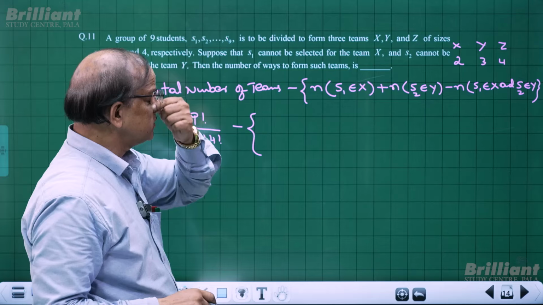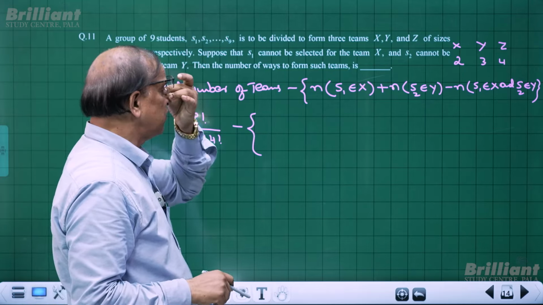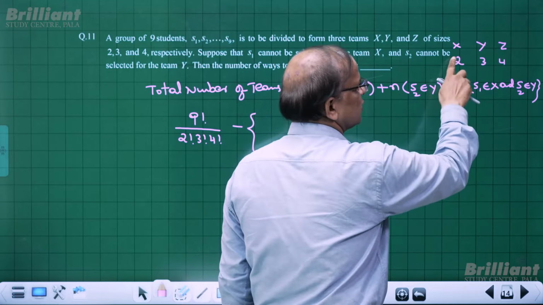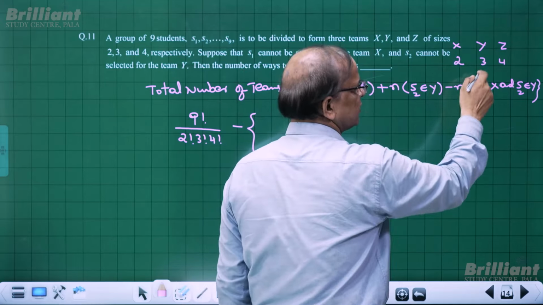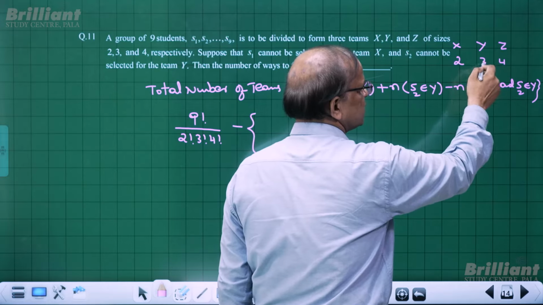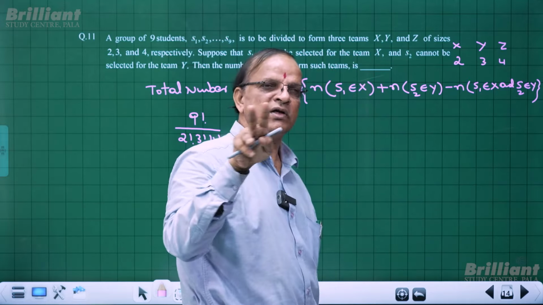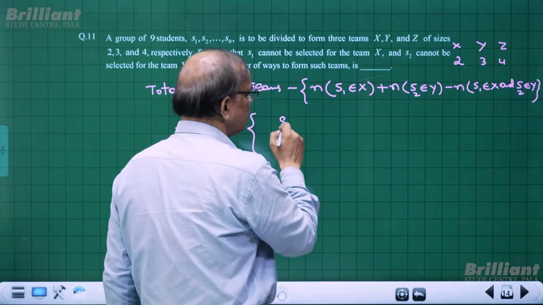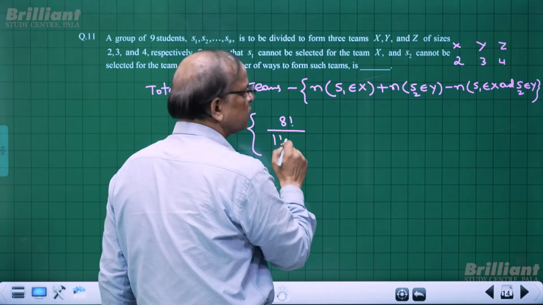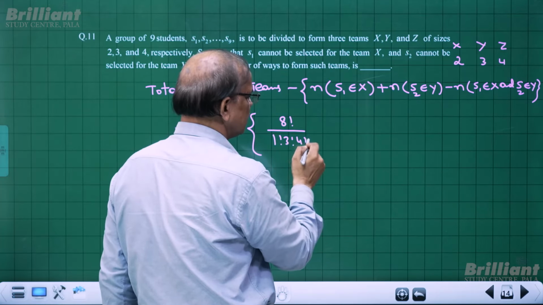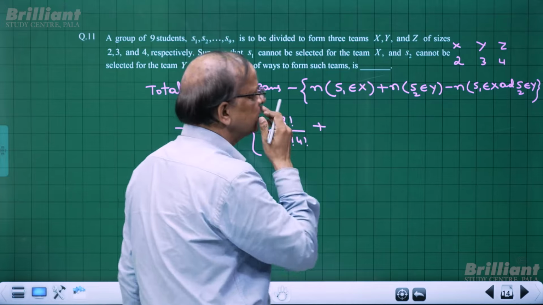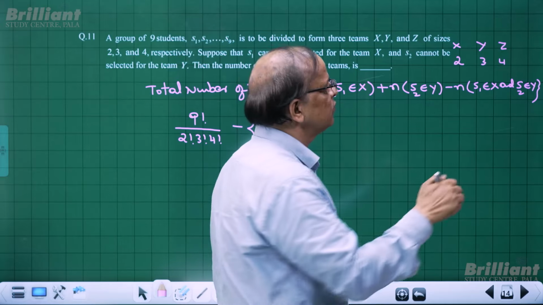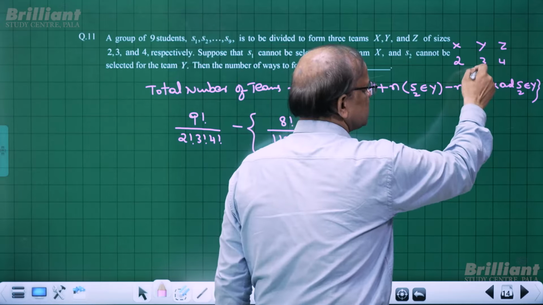Now, the number of teams where S1 belongs to X, okay. So, that is 1 is in X, then remaining 4 plus 3 is 7 plus 1, 8. So, 8 we can divide into 1, 3, 4 things. So, therefore, 8 factorial by 1 factorial, 3 factorial, 4 factorial. Now, plus, now S2 is in Y, right. So, how many remaining: 4 plus 2, 6 plus 2, 8.